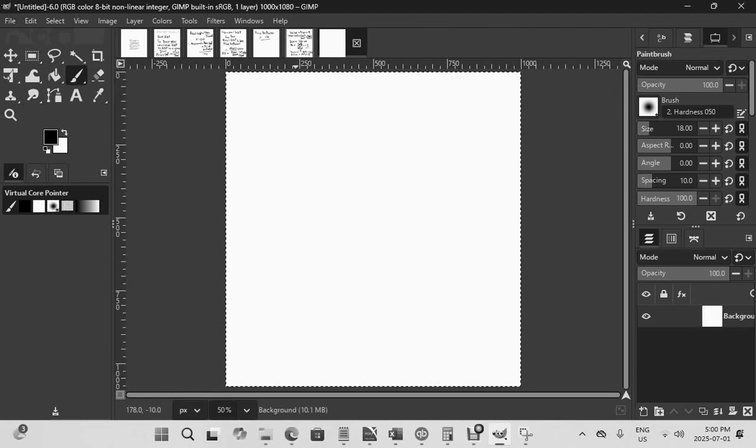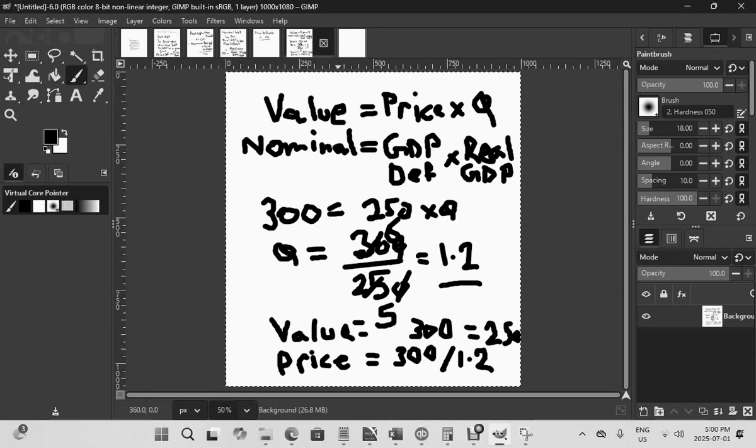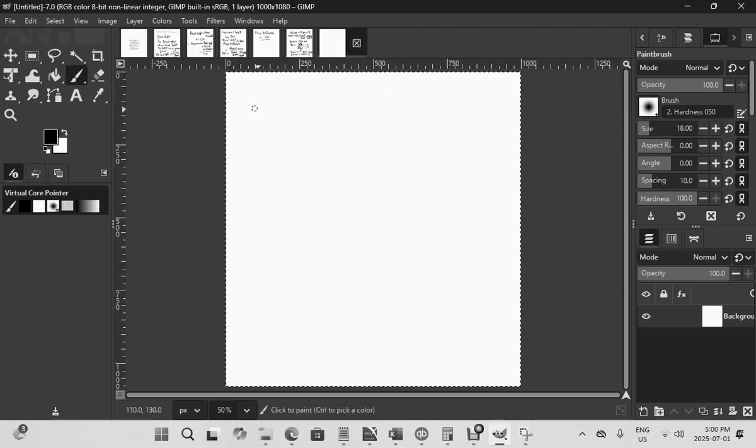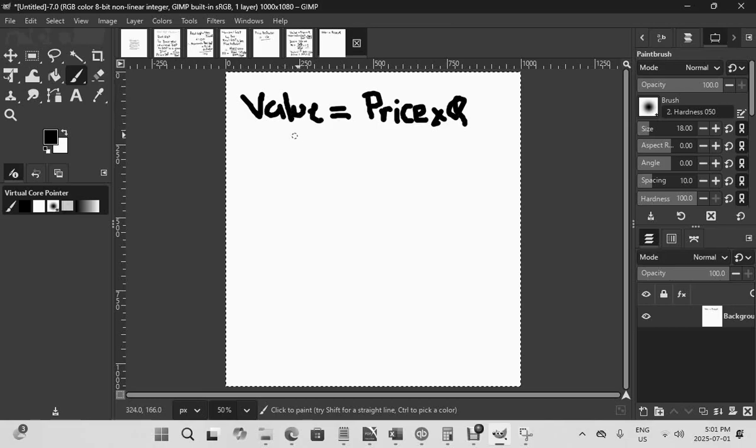So say, for example, you have your price times quantity. This is equal to your value. And you want to figure out the quantity in units. So to figure out quantity in units, you simply have to rearrange.